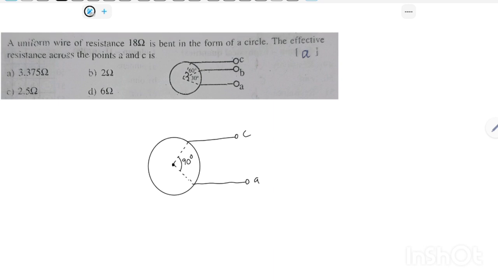In order to find that, we need to consider between these two terminals, this terminal is same as A and this terminal is same as C. Between these two terminals there are two resistances that are connected in parallel. Okay, though it is not showing in the diagram, we need to consider them as in parallel.